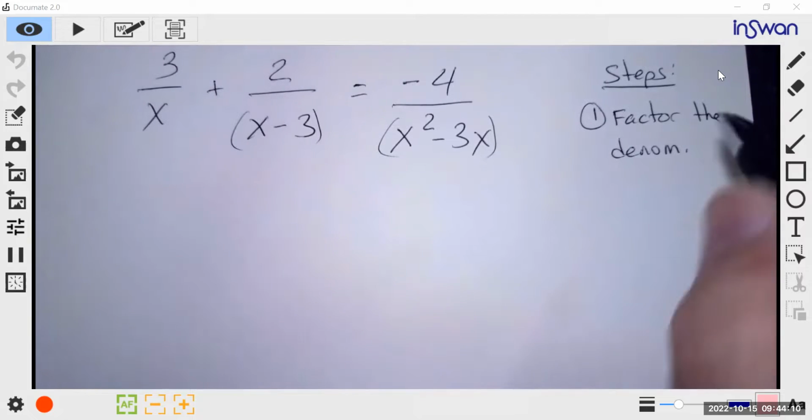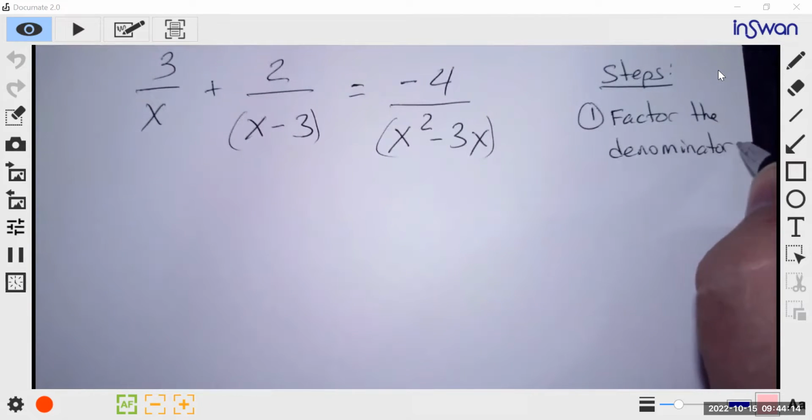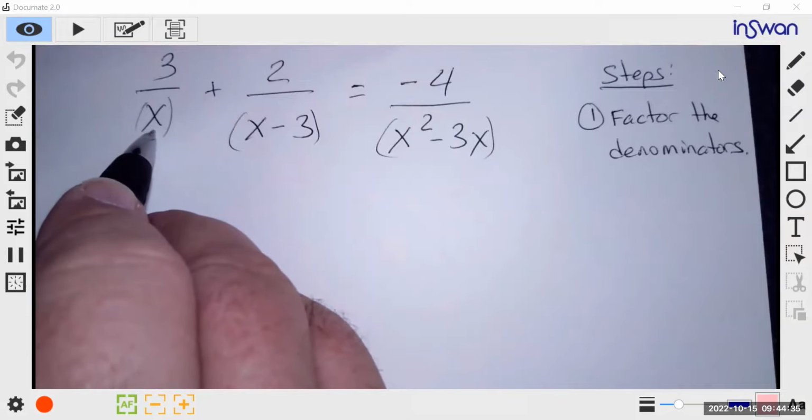First off, factor the denominators. We need to see what the lowest possible terms are for each one. So that one's as far as you can go.